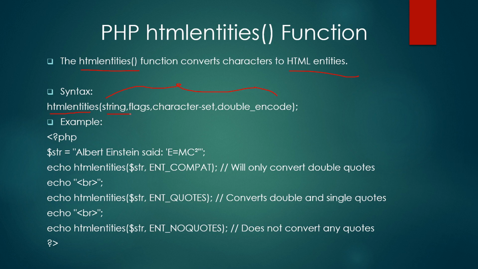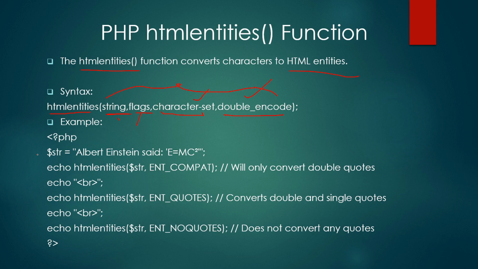First is the string, which is the string you want to convert. Second is the flag. Third is the character set, which is optional. And fourth is the argument called double_encode, which is also optional. If you don't specify these two arguments, it's fine, but the string and the flag are required.